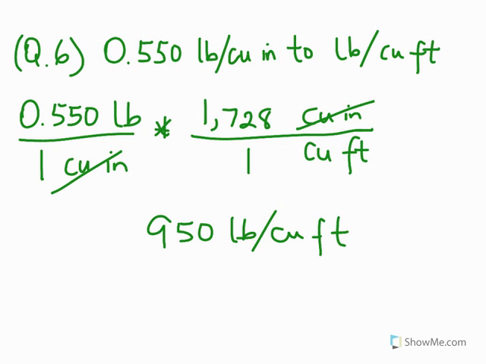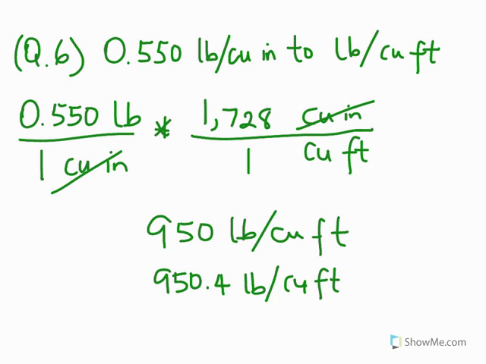Or if you want, you can also write 950.4 pound per cubic feet. Now, let me explain this. If you look at it in a way that 0.550 is also the same thing as 0.55, then the question will give you 2 significant digits. And in that way, 950 is correct.